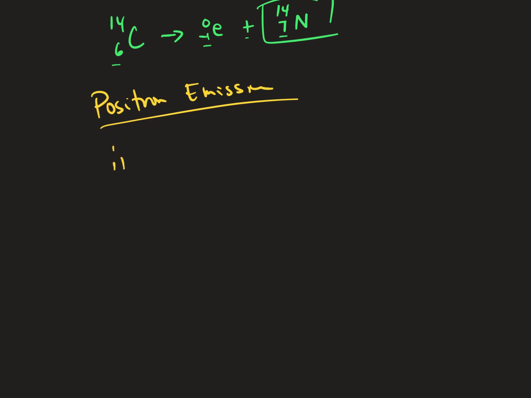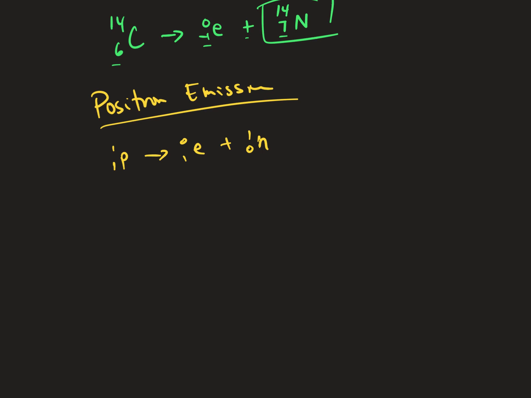We have a proton that gets rid of a positron, and what's left? What is that? Mass of 1, charge of 0? A neutron. So it's when a proton turns into a neutron.